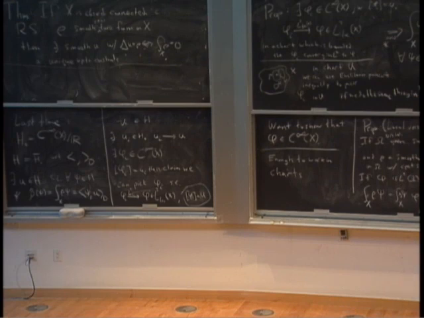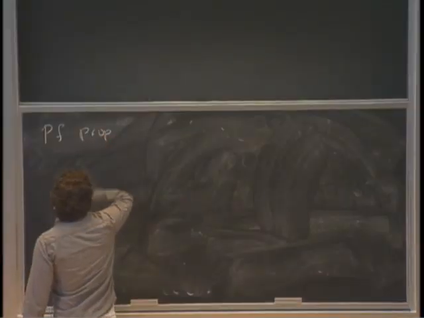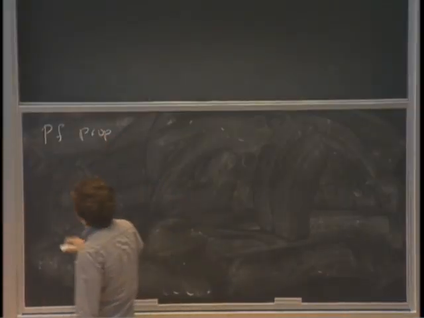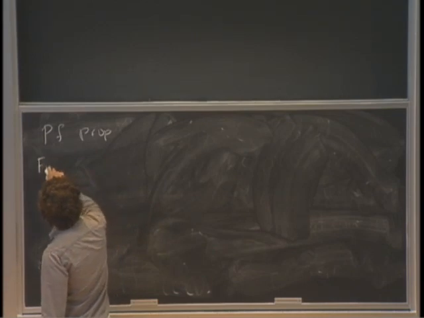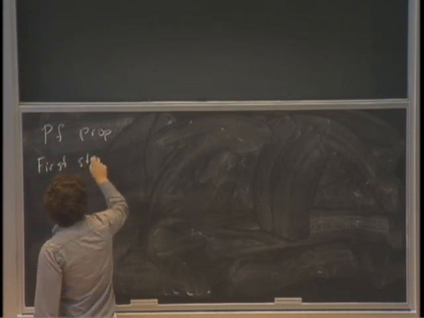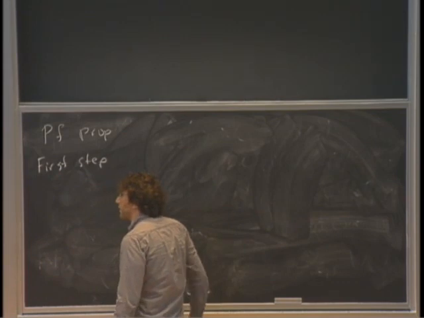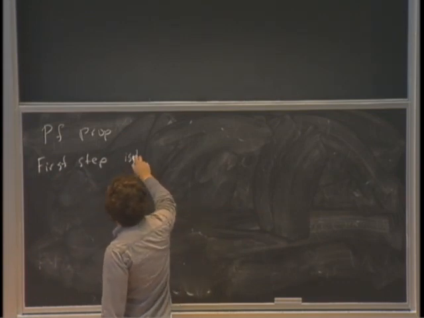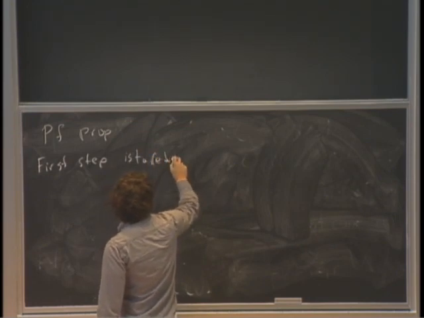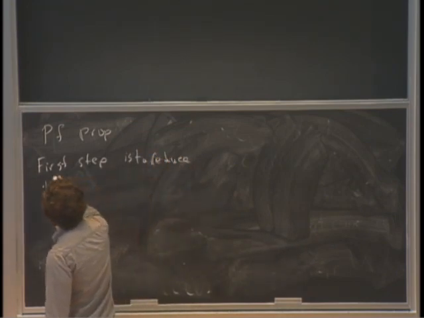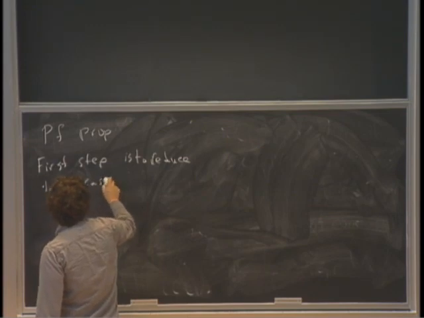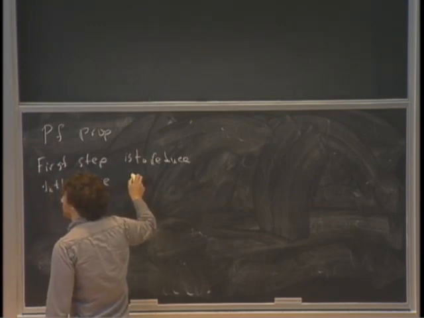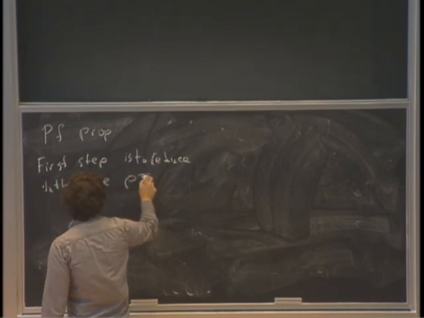Okay, so now let's prove the proposition. So the proof of the proposition. The first step, and this is essentially an exercise from yesterday, is to reduce to the case that rho is identically 0.